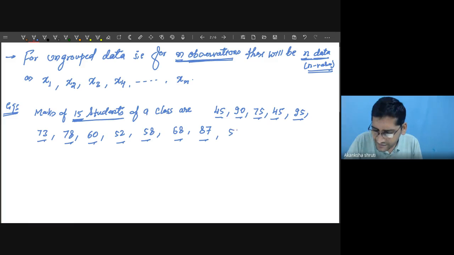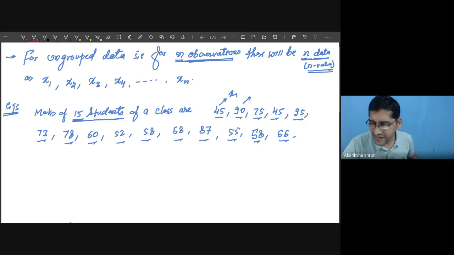Then 55 is 13, 58 is 14, and 66 is the 15th. So only these are the 15 data. Are you getting it? In this case, this one is acting as our x1, this is acting as our x2, the 75 is acting as our x3, and this is the last one, x of 15, that I have taken.